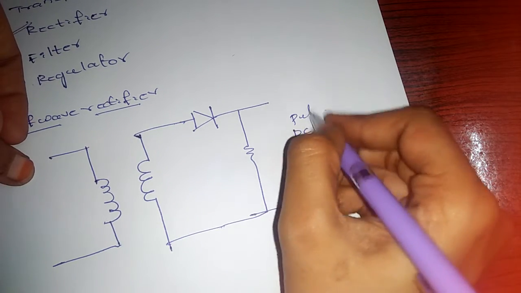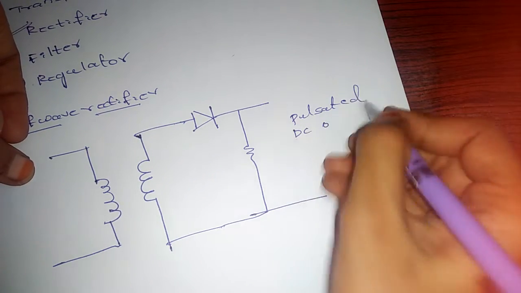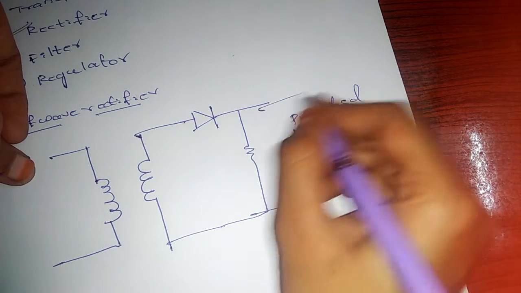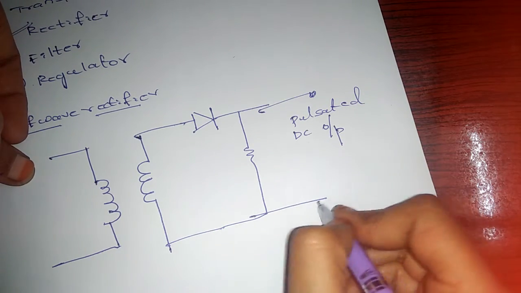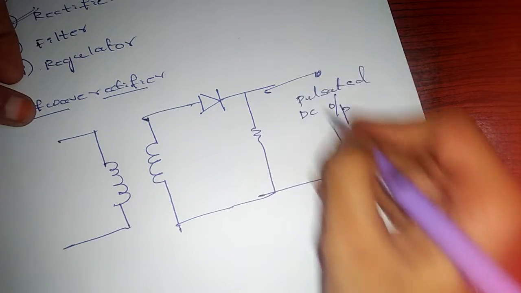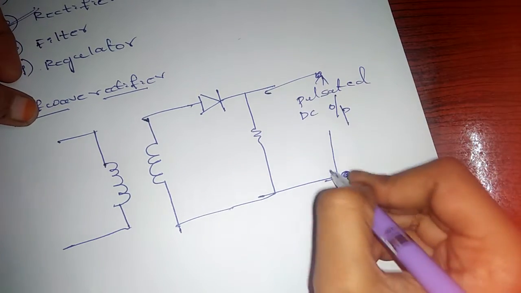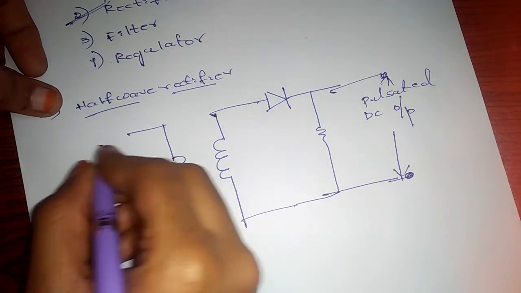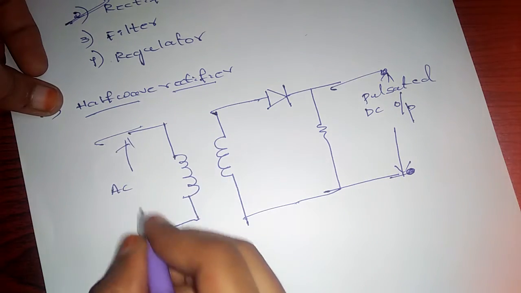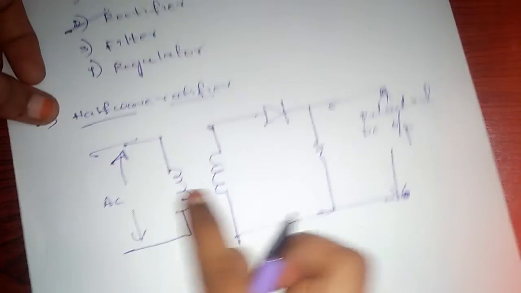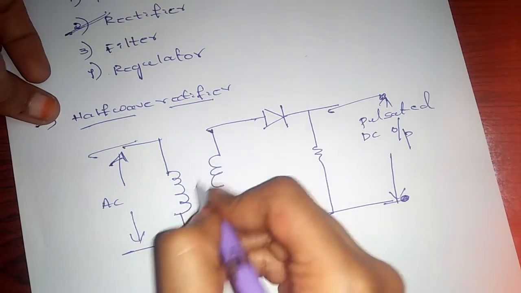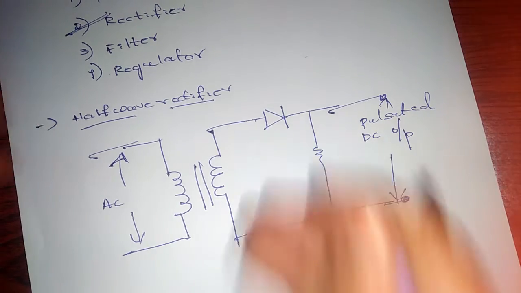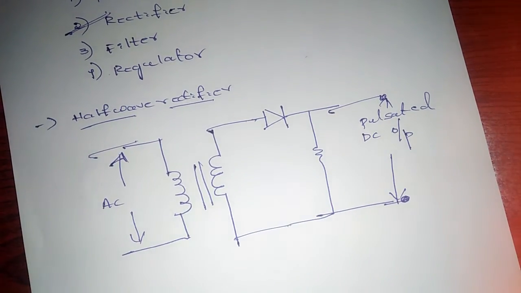The pulsated DC output is taken between these two terminals. And the input that we are giving is AC input. Here the transformer is used to step up or step down according to the required DC voltage.